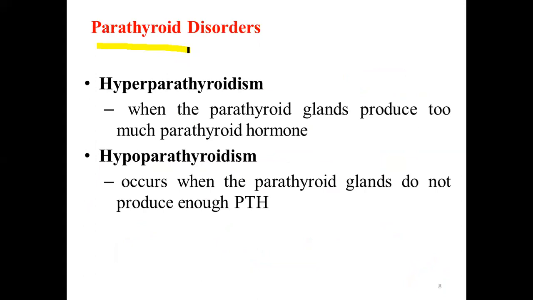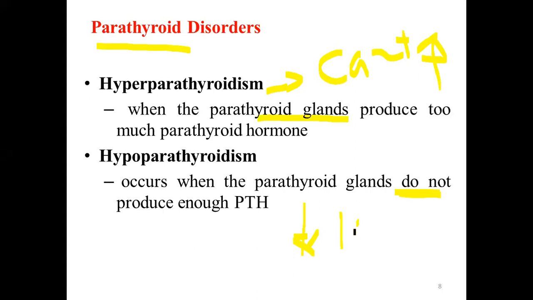Generally speaking, parathyroid gland disorders are classified into two major categories: hyperstate and hypostate. In the hyper state, the gland is producing more of the hormone, but in the hypo state, the gland is not able to produce a sufficient level of the hormone. So in the hyper state, the patient will end up having a high calcium level, and in the hypo state, a low calcium level.